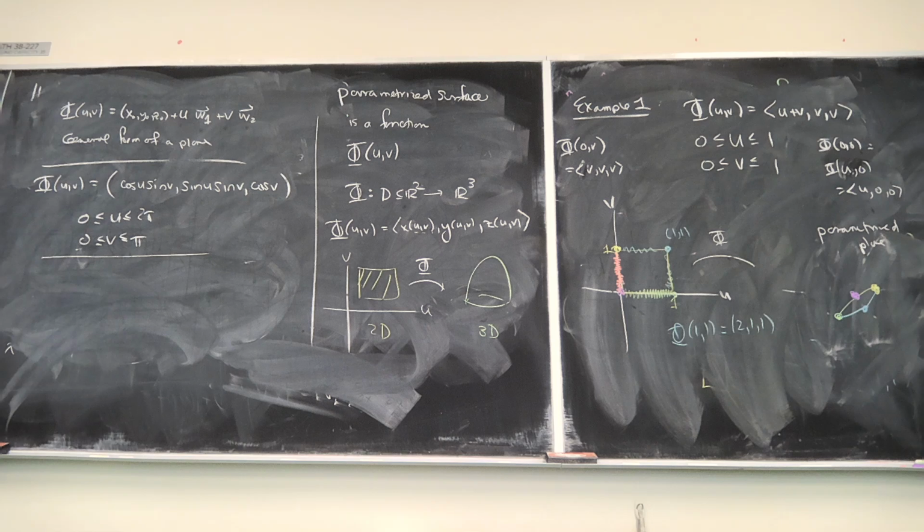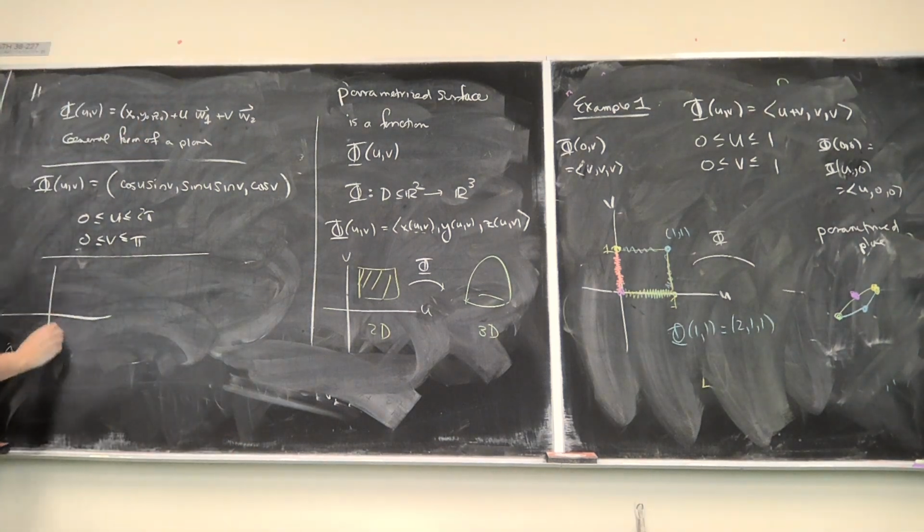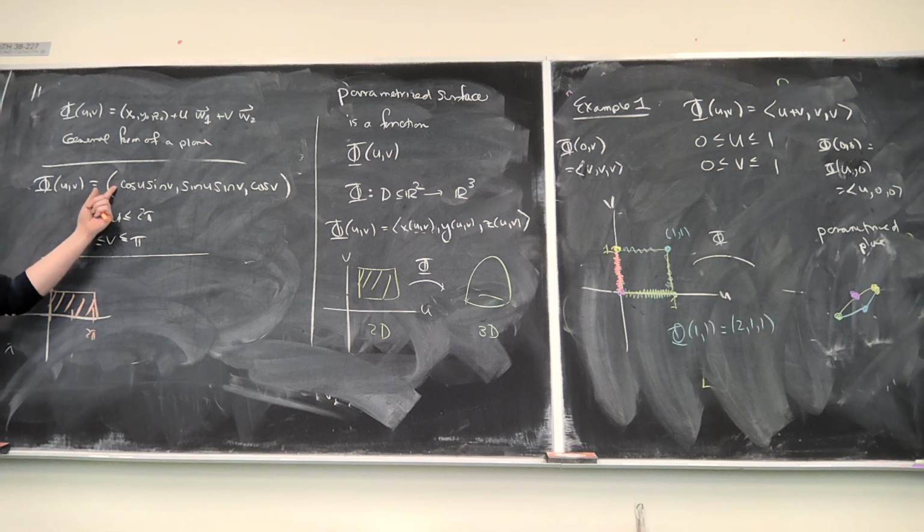So that map eats a rectangle in the UV plane. It goes from 0 to 2 pi and 0 to pi. There's the rectangle it eats right there, and turns it into a radius. There is no rho in here, which means rho is equal to 1.